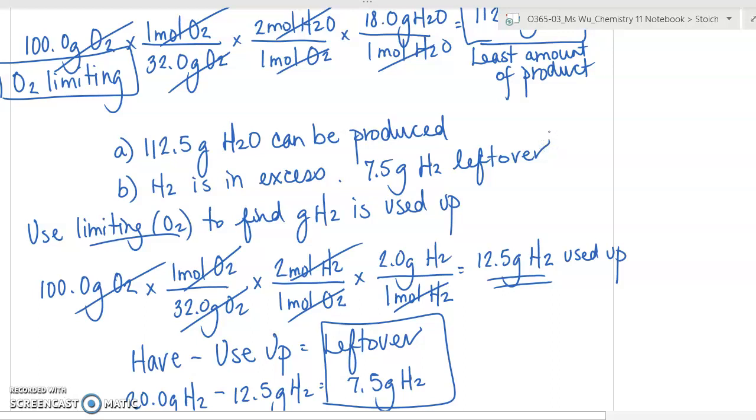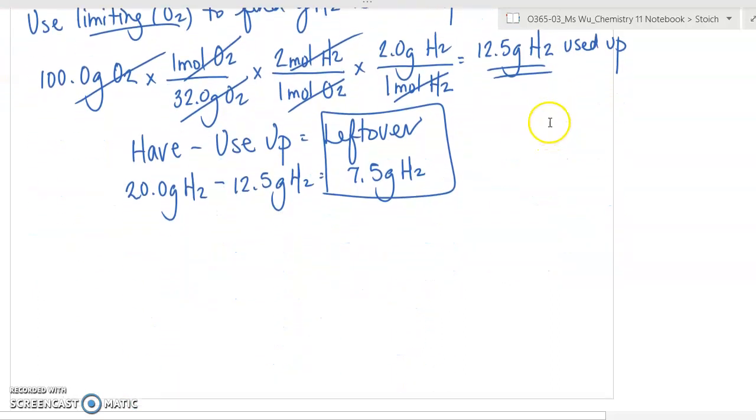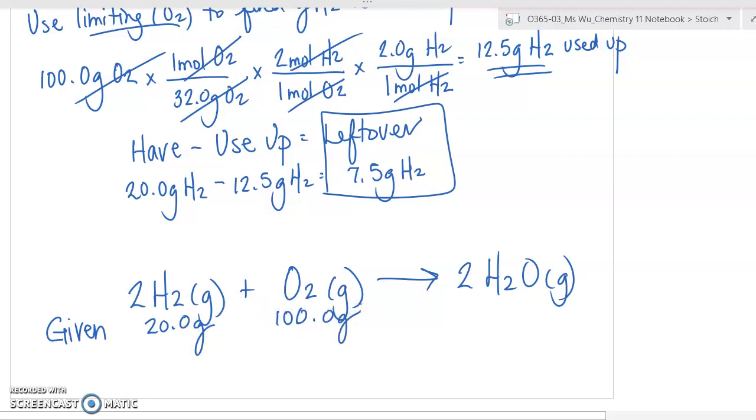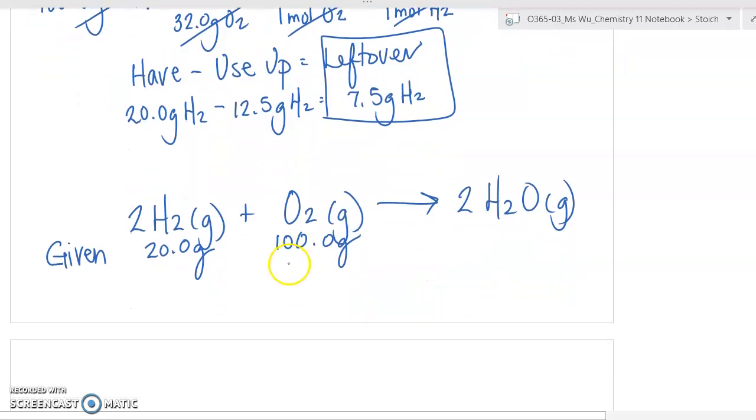So let's just visualize and summarize here for a bit. The reaction had been between the hydrogen and the oxygen, making water. We were given 20 grams of the hydrogen and 100 grams of the oxygen, and we found that the oxygen is our limiting reactant.